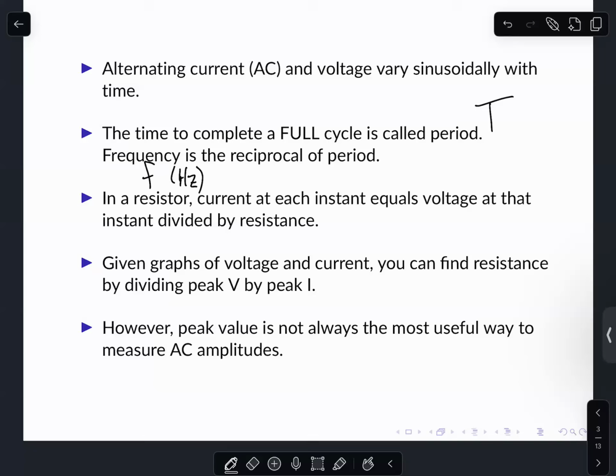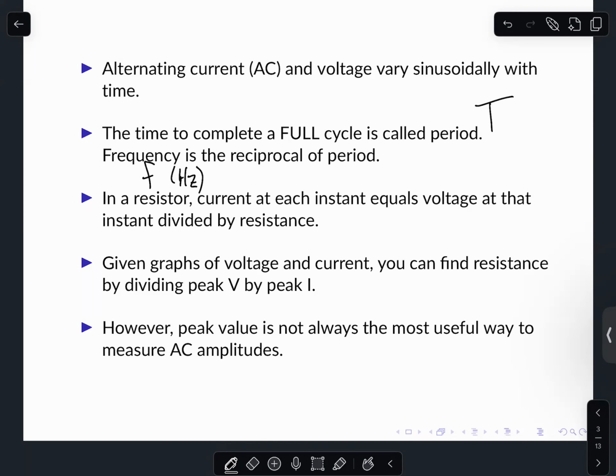Okay, so we can write down the equation F equals 1 divided by T, or T equals 1 divided by F. I would prefer that you know what these mean, and then you don't need to have this on your note sheet. You can just think about, well, if I've got 5 cycles happening in 1 second, each cycle must take 1/5 of a second. If I've got 1 million cycles happening in 1 second, each cycle is 1/1,000,000th of a second. No duh, right?